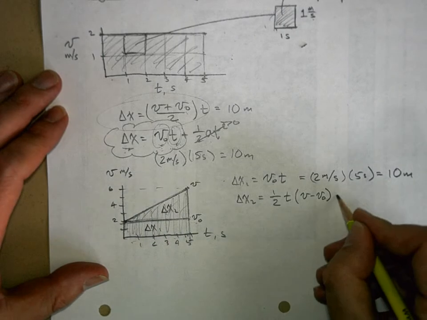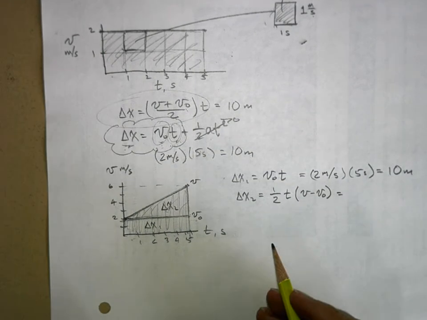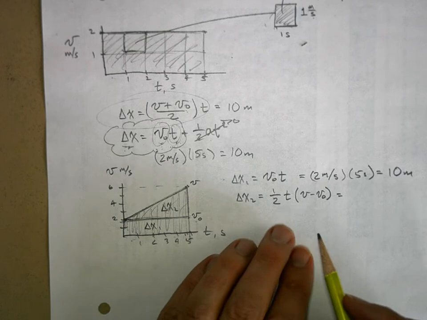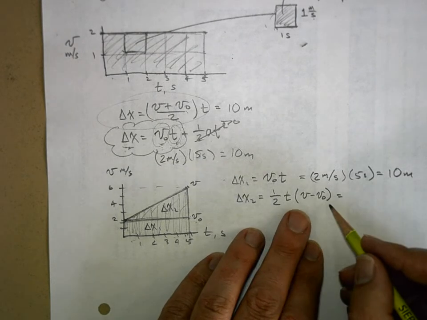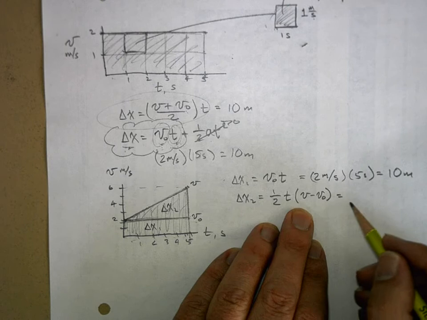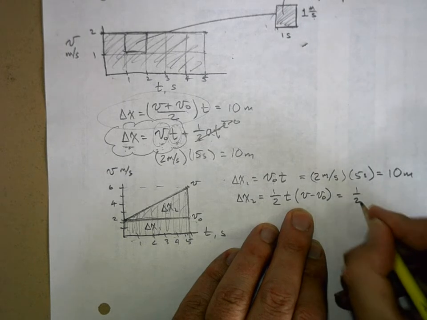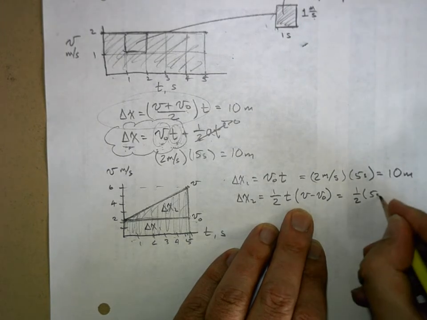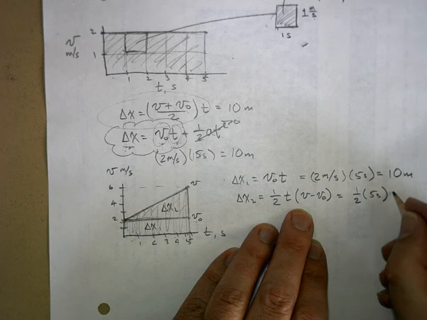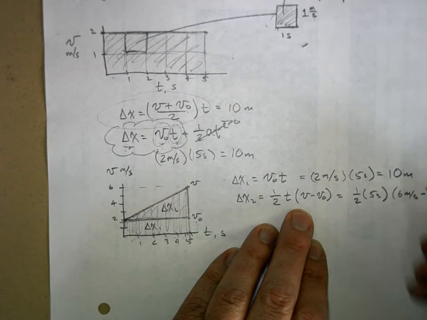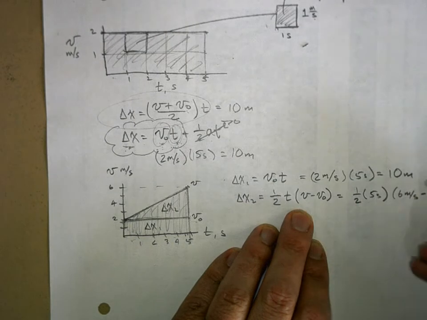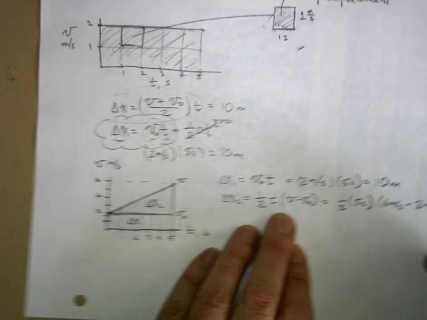And so if I plug that in, I get 1/2 times t, which is 5 seconds, times v, which was 6 meters per second, minus my initial v, which was 2.